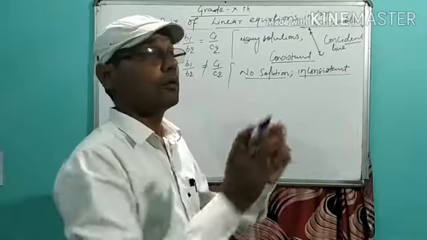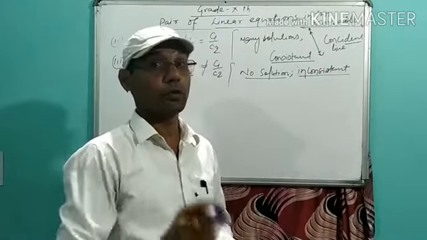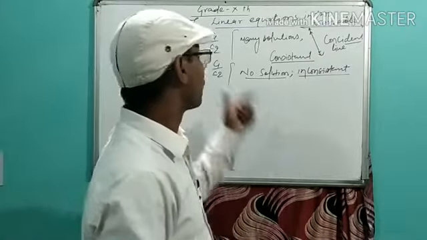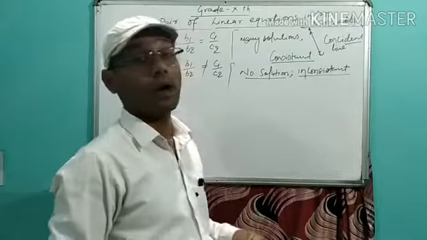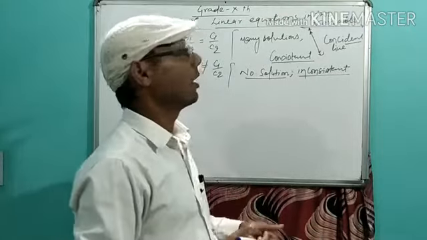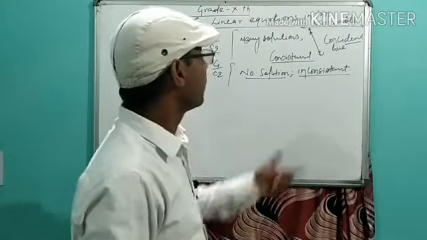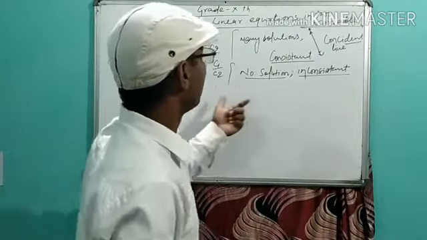Suppose there are two pairs of linear equation in two variable, you have to compare in this way and give your answer: is it consistent, or not consistent, this is inconsistent.